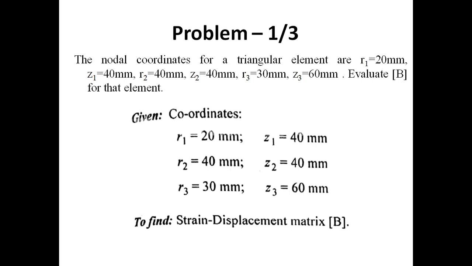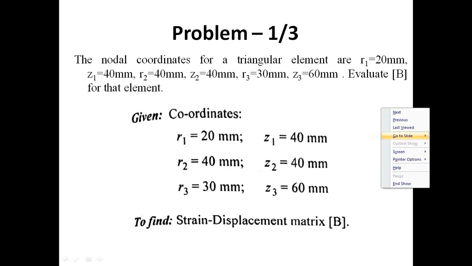That means we have a triangular element. We don't know whether it may be an axisymmetric triangular element or an ordinary two-dimensional triangular element. But how can it be identified, because the constant strain triangular element is also a triangular element, isn't it? So how can we identify this one as an axisymmetric triangular element? For that reason we concentrate on the very important R1 Z1, R2 Z2.